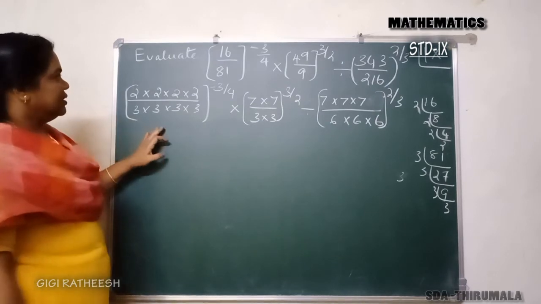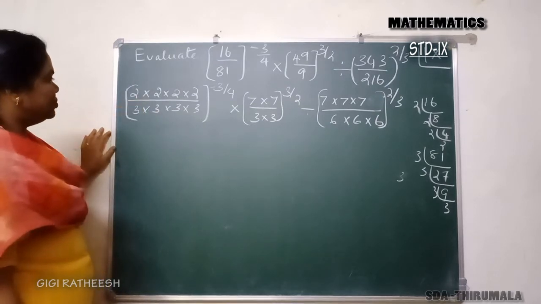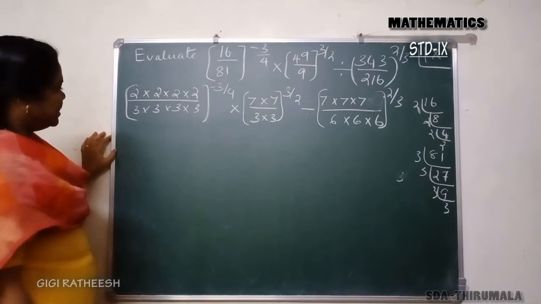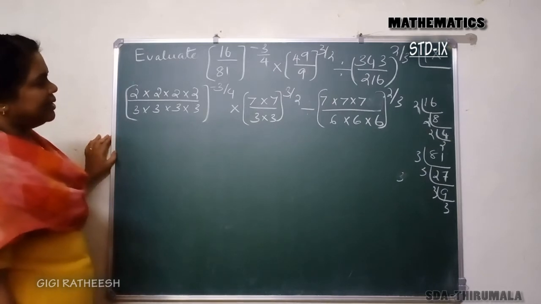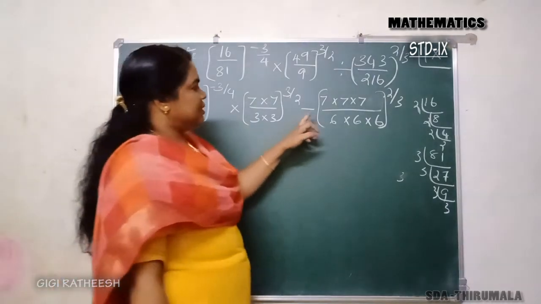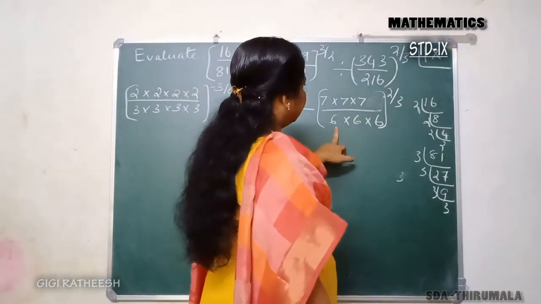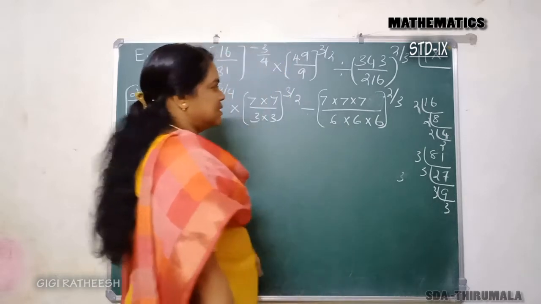So 16 is 2 into 2 into 2 into 2 by 81 is 3 into 3 into 3 into 3, and 49 is 7 into 7 by 9, 3 into 3, and 343 is 7 into 7 into 7, divided by 216, which is 6 into 6 into 6.